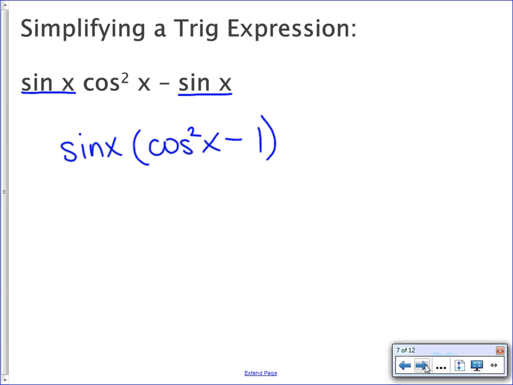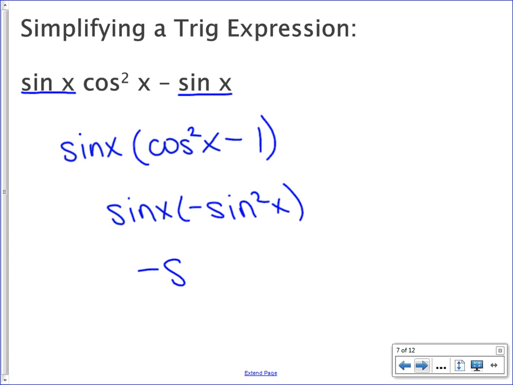Times negative 1, right? If I multiply both sides by negative 1, now do we have cosine squared minus 1? So we have the sine of x times, I can now replace this with negative sine squared x, which means we have negative sine cubed x. And now this is simplified.